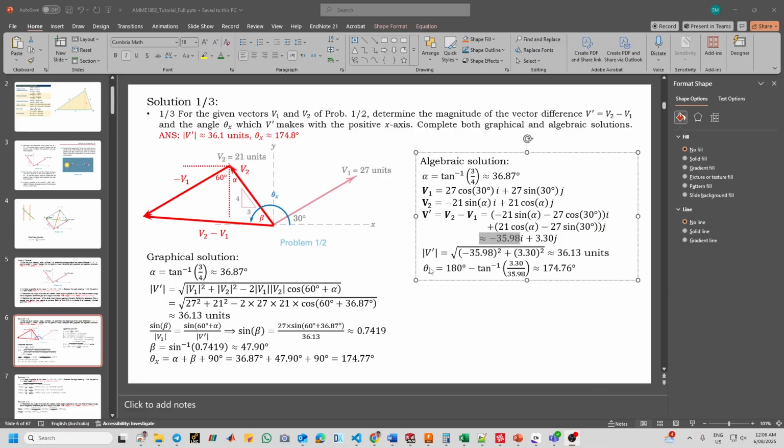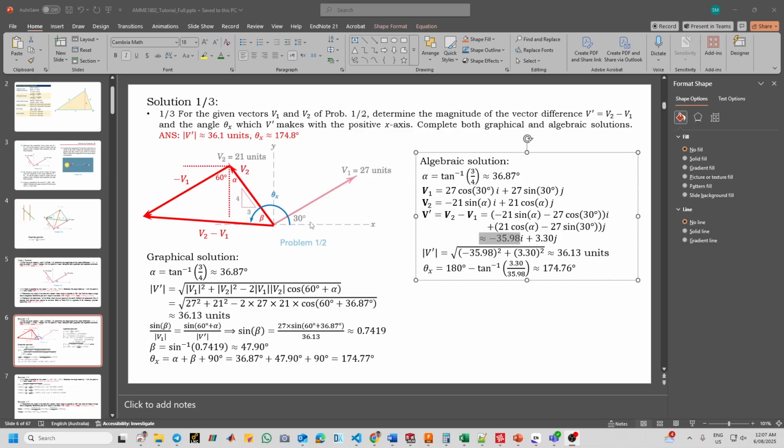And then it depends on the quadrant. We have four quadrants. The top right one: the sign of x and y is plus. In the top left one, the sign of x is minus, like here, and the sign of y is plus.